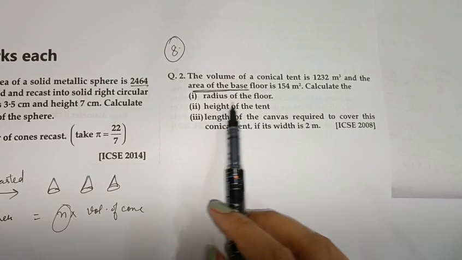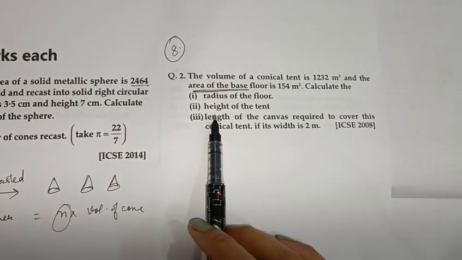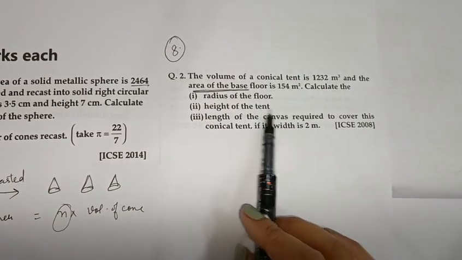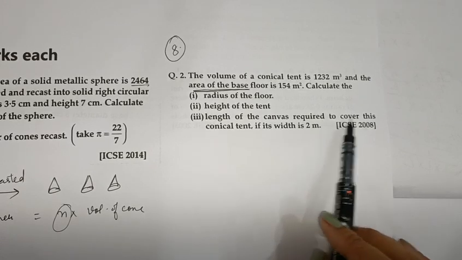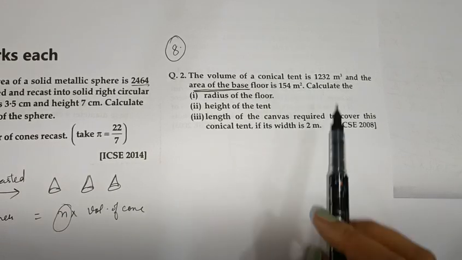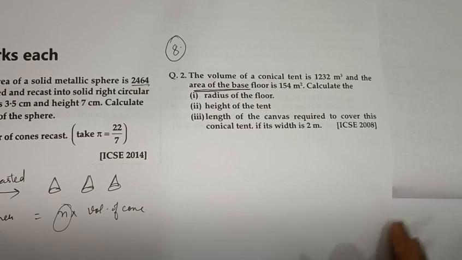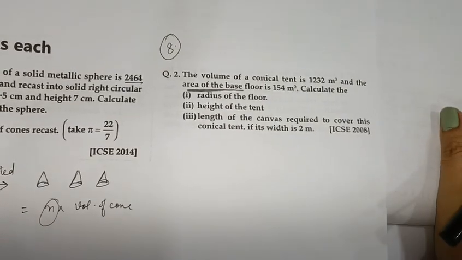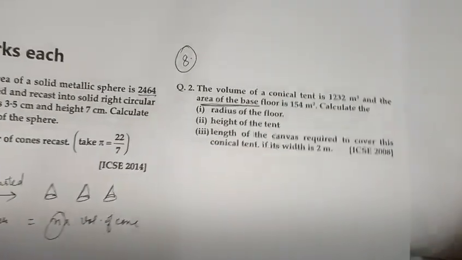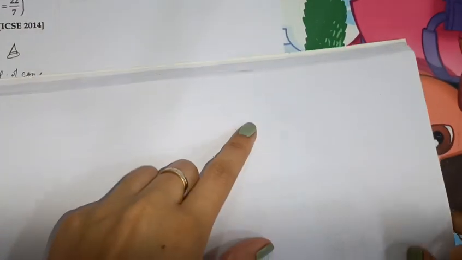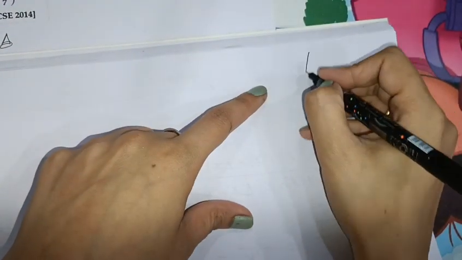What we have to find: radius of the floor, height of the tent, and the length of the canvas required to cover this conical tent if its width is 2 meter. So it's a little different from the questions we did previously. Let's do it.